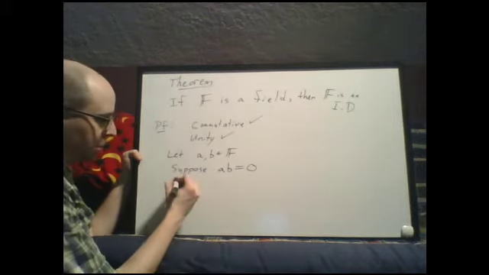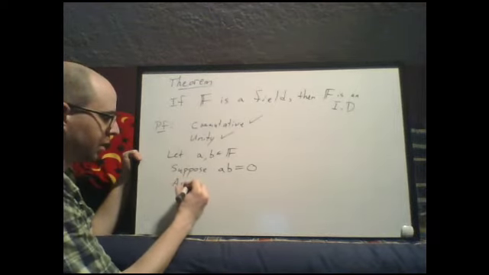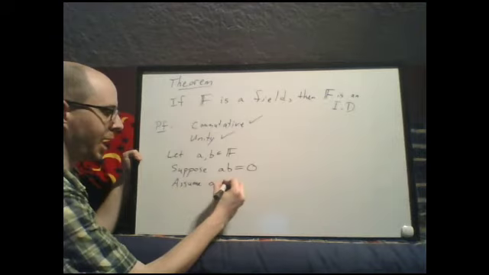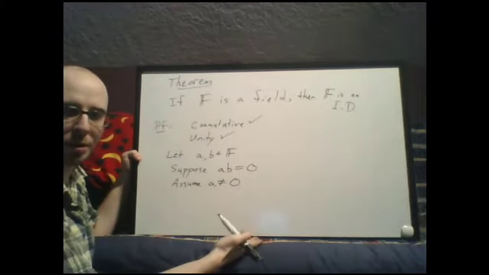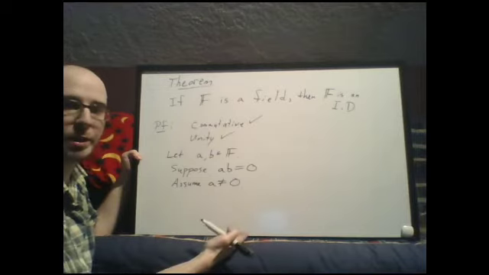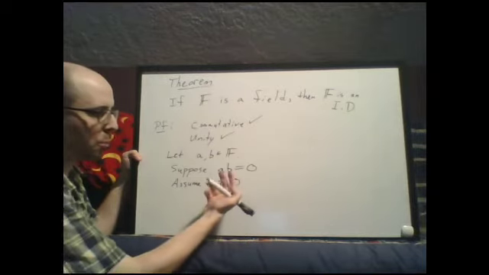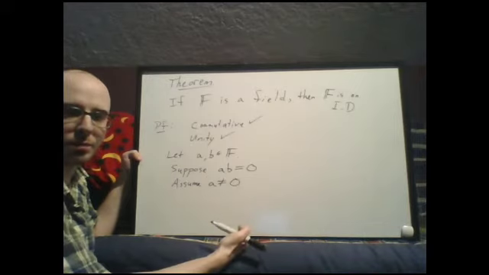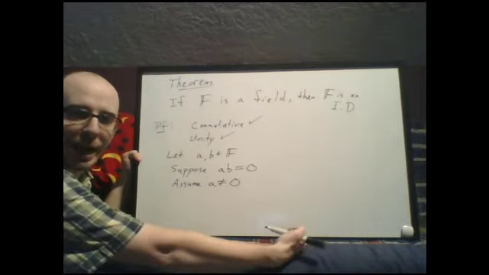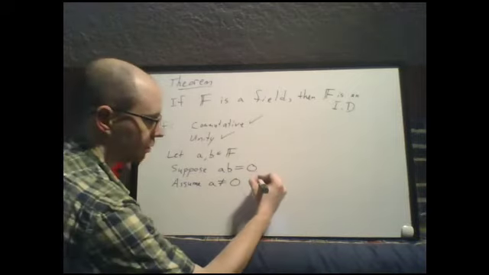So let's assume that A is not 0. So A might be 0. If A were 0, we'd be done. We're trying to prove that one of the two is 0. So let's assume A is not 0. Then we need to show that B has to be 0. So show B equals 0.